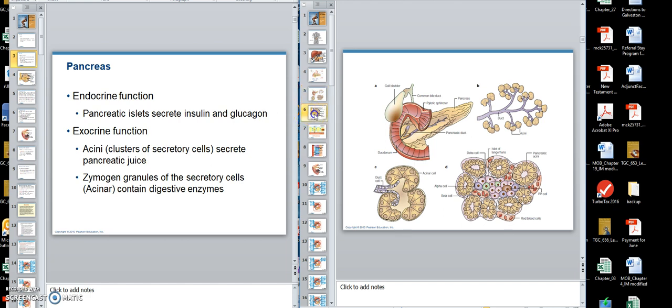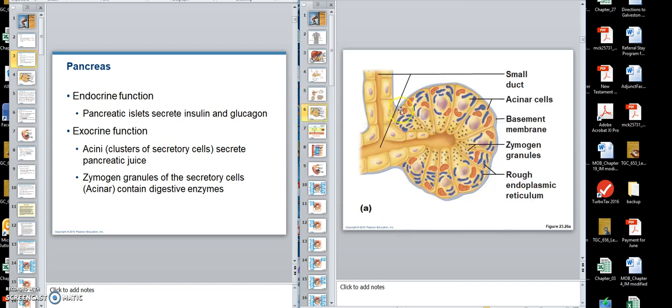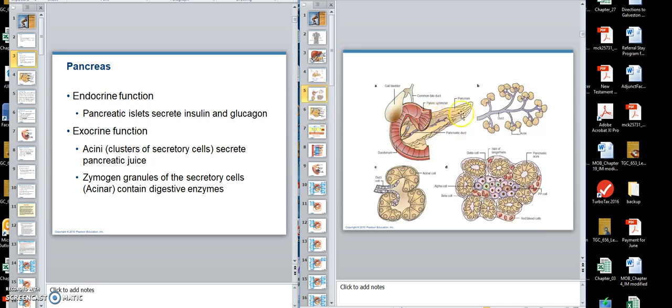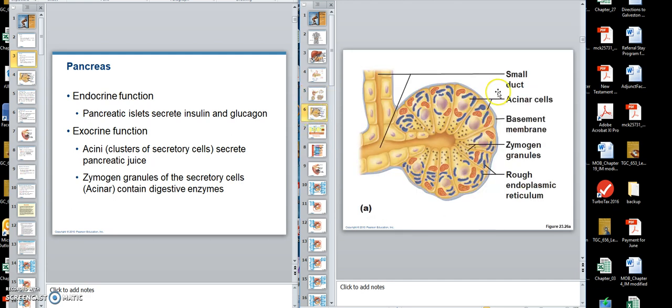All right, here's a picture of one of these acinar areas, the exocrine part. And here it is right here. There's the duct. These are the acinar cells producing these zymogen granules. Now, zymogen is an inactive enzyme, ogen, inactive.